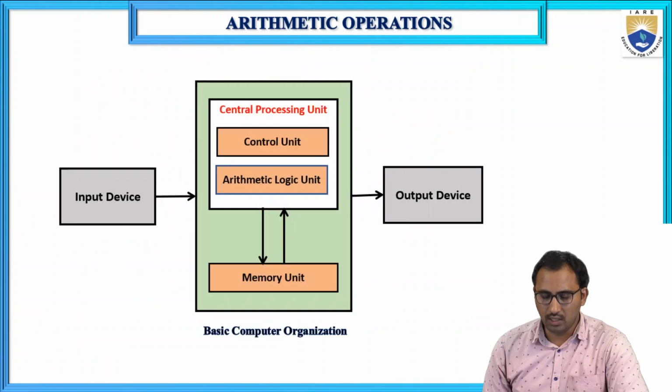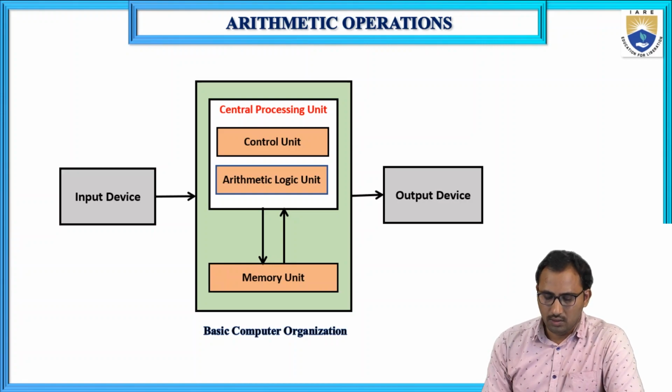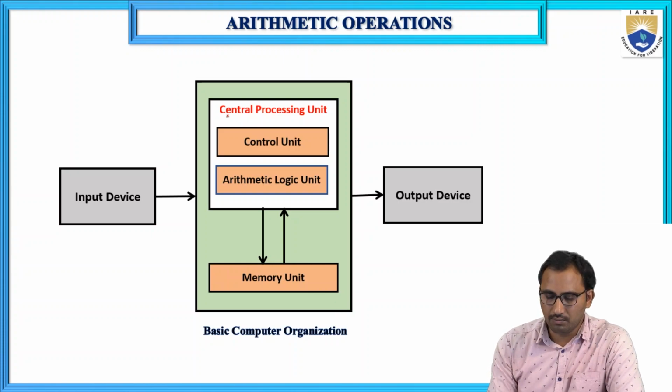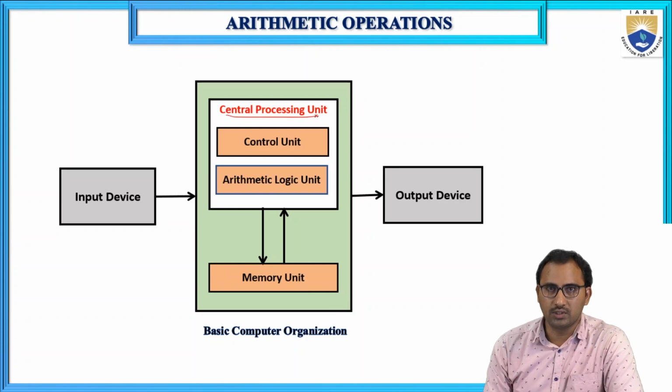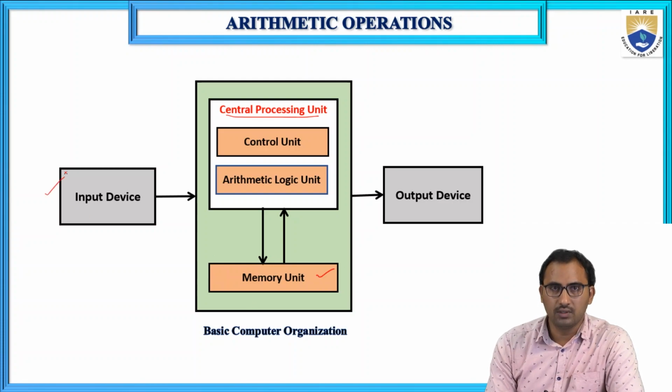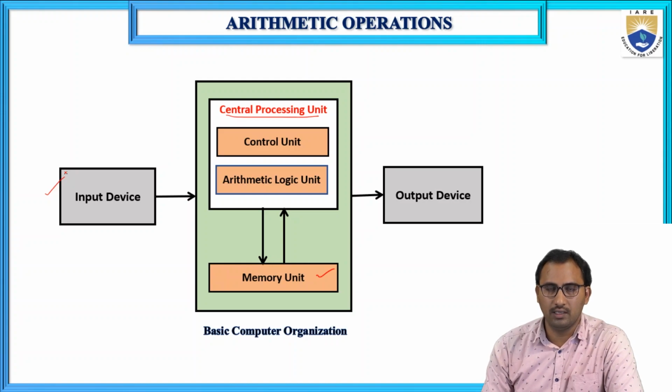So this is the basic computer organization. It has three parts: the central processing unit, the memory subsystem, and the I/O subsystem. These are the essential parts of the computer. The CPU performs various operations on the data which is stored in the registers of the processor.